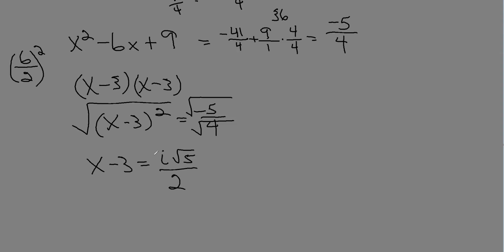Okay, and don't forget the plus and minus. I always do. And then you're going to add 3 to both sides. So x is going to equal 3 plus or minus i root 5 over 2. And that looks like it. That is our answer.